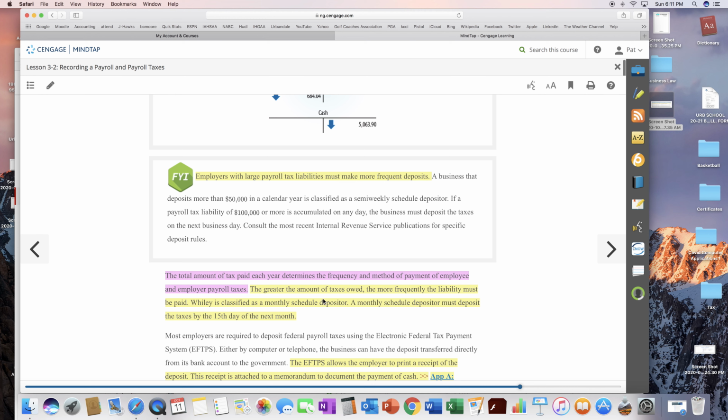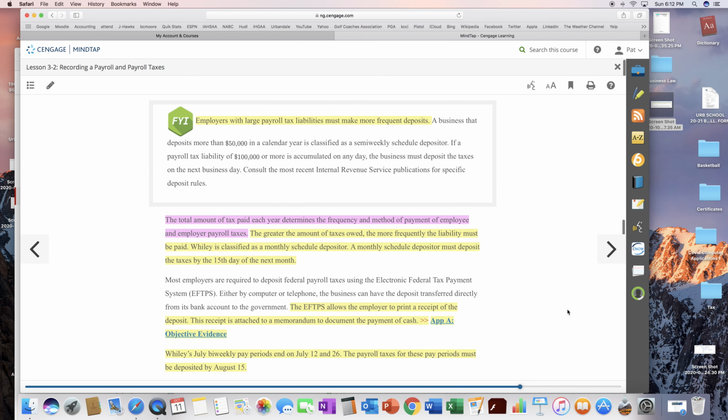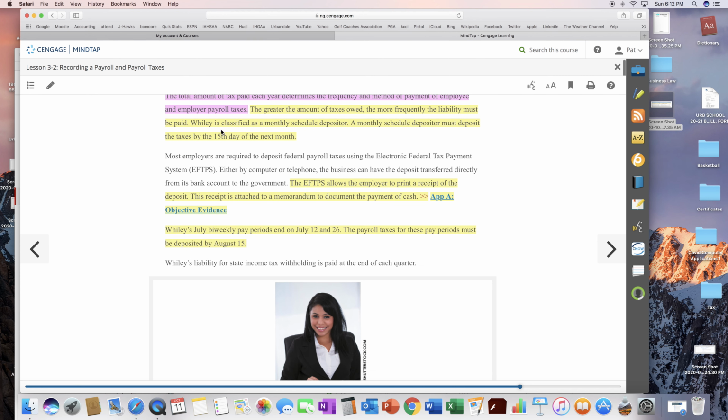The amount of money we make means we only have to pay monthly, on the 15th day of the next month. Collect all the tax in April, and you pay it on the 15th of May, the next month. Again, total amount of tax paid determines the frequency and method of payment by the employer. If you want to learn some more about this stuff, you can read it.